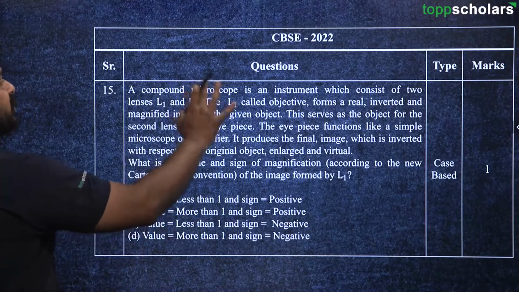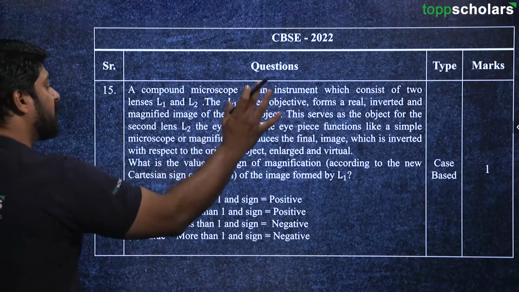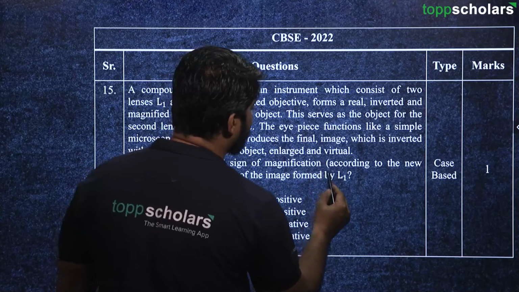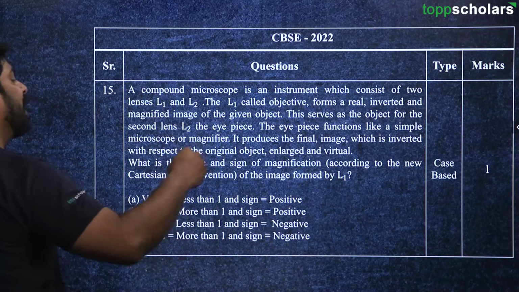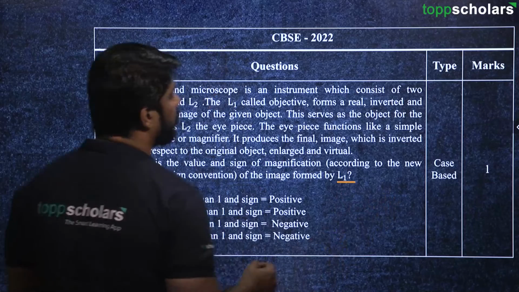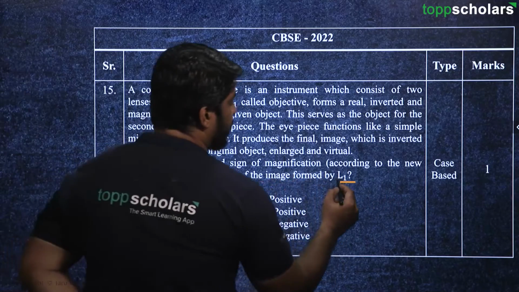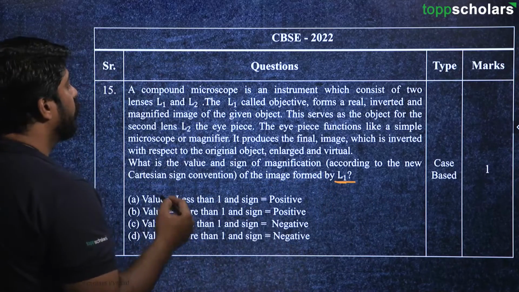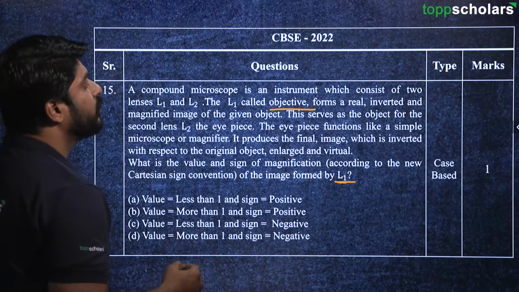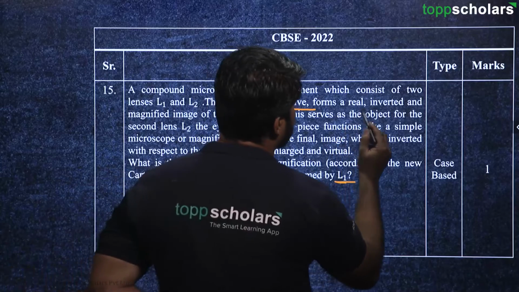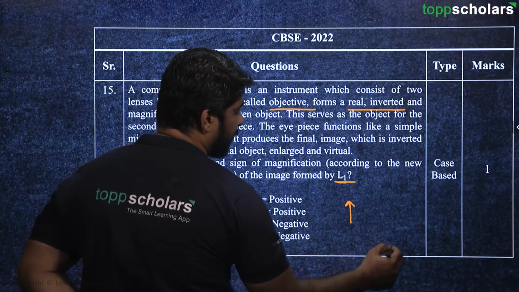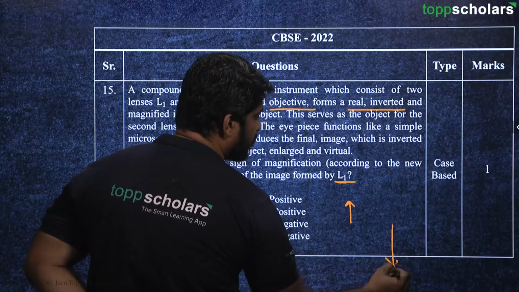So this is the case. Again, you can see the case is same, but the question is different. What is the value and sign of magnification according to the new Cartesian sign convention of the image formed by L1? L1 is the objective, and what the objective does is it produces a real and inverted image. So if the object is like this, then the image is like this.